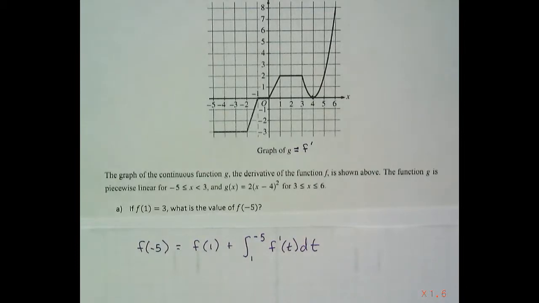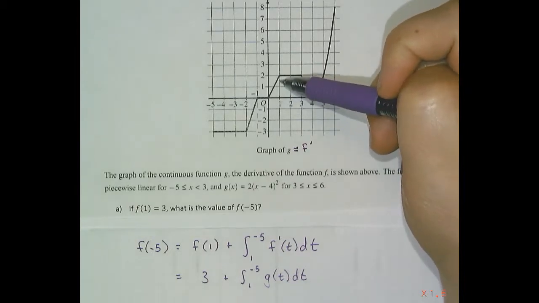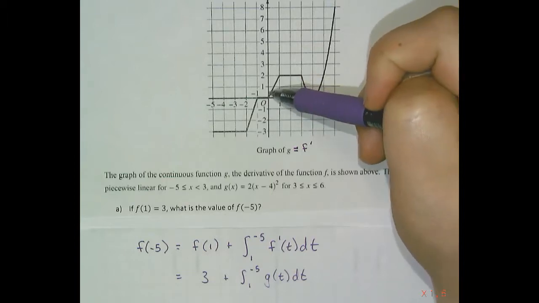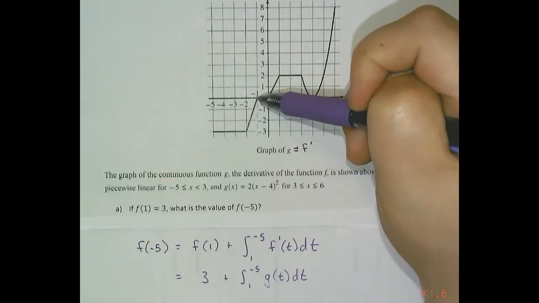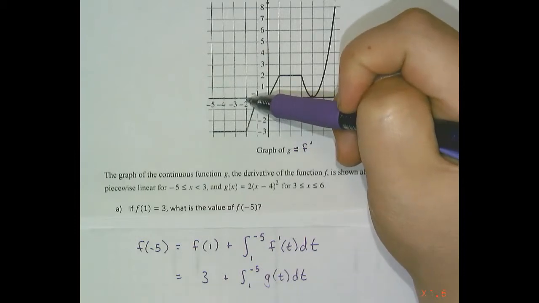Now in this case the rate of f is g, so when we start to evaluate these expressions, f of 1 is 3, and the integral expression 1 to -5, we're going to be calculating enclosed accumulation on the g curve. The enclosed accumulation, we are working backwards, so this triangle of 1 unit will be a negative accumulation because we're working backwards, and this is a positive accumulation because again we're working backwards.